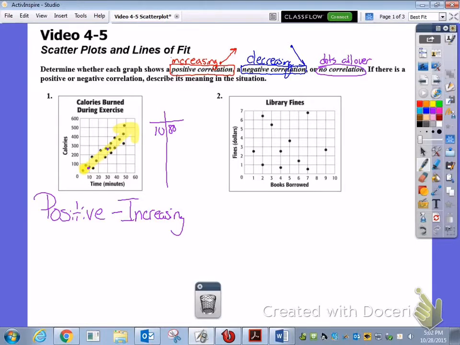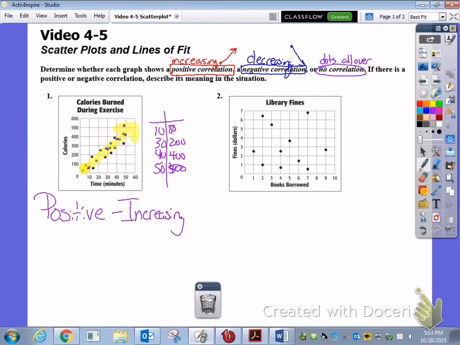So like 30 was close to 200. Okay? And then let's keep going. Let's find this one. What's close to 40? 40 was close to 400. Now, I know they're not exact, but it kind of gives you that little cluster. And then you have something close to 50 was about 400. Okay? So they were close, but there's also one up here, 500. So, I mean, you could have gone up higher.